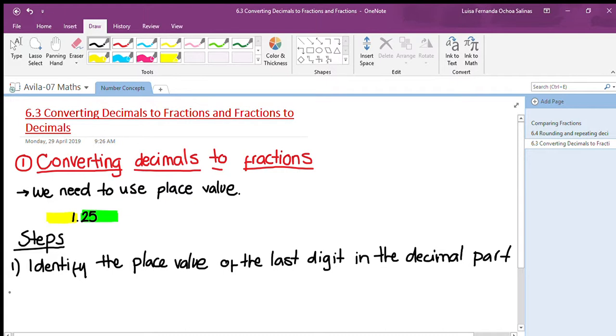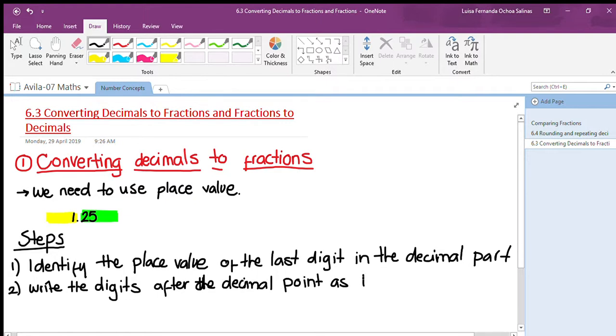Second, we need to write the digits after the decimal point as the numerator. So write the digits after the decimal point as the numerator.